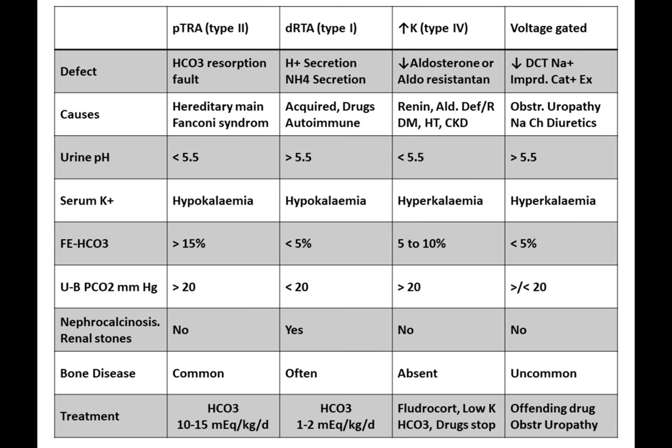I feel while looking at the table, we'll go to that PRTA and see what is the primary defect and correct our table. Okay, this is a summary of it presenting, and let me now see the PRTA and DRTA. Proximal RTA, okay, defect in the bicarbonate resorption; distal RTA, impaired ammonia and the hydrogen secretion. Okay, so I have to correct the table.